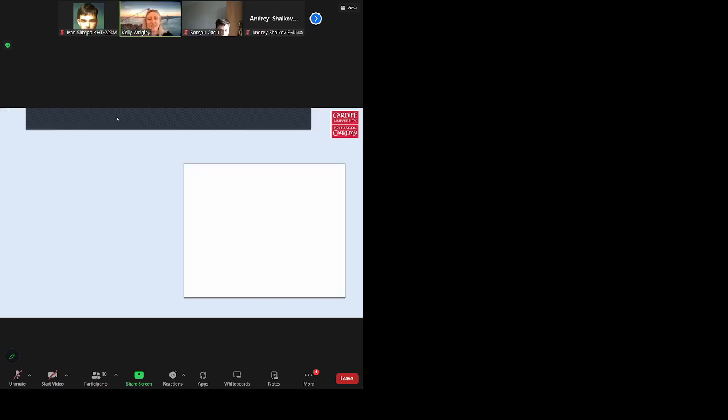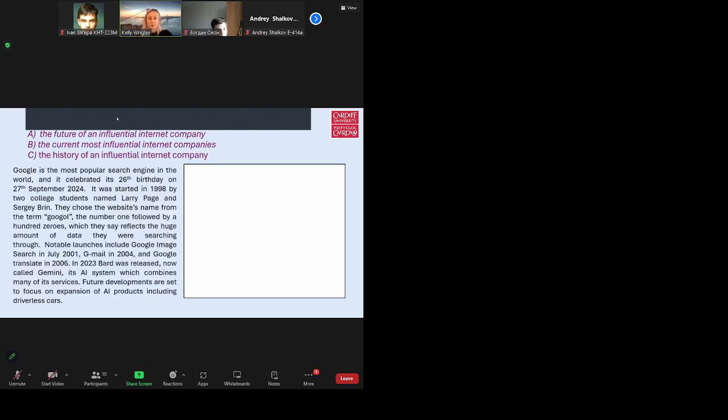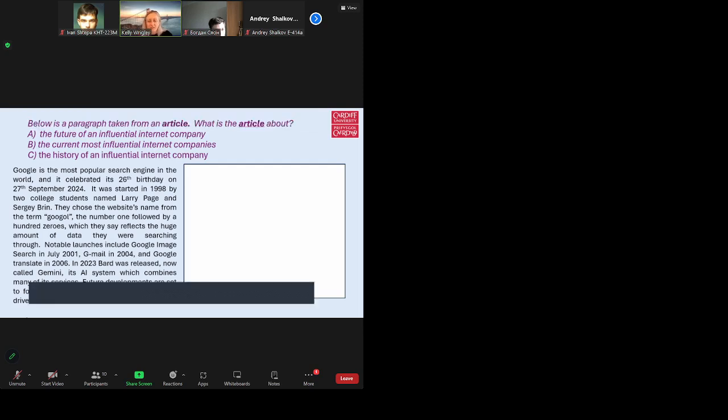Here, you will see a short paragraph about Google. So this is a paragraph taken from a whole article. What I want to know is, what is the article about? Is it A, B, or C?